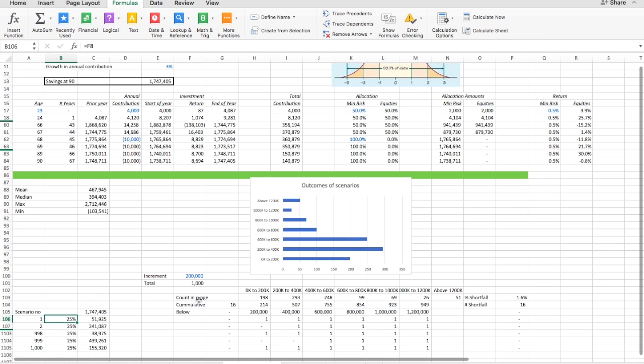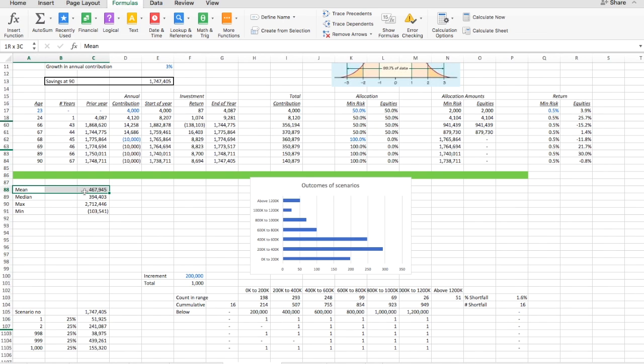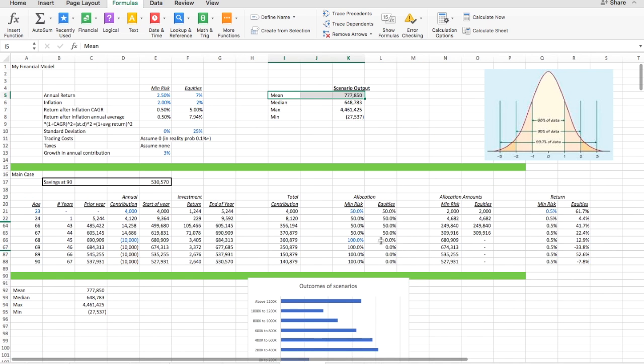In the case before, we saw the mean down here was 467. Press that a couple of times, we'll see it change a little bit. But obviously it makes a material difference that in any one year, instead of a 5% return, we're expecting an 8% return, which is the right number for this calculation.